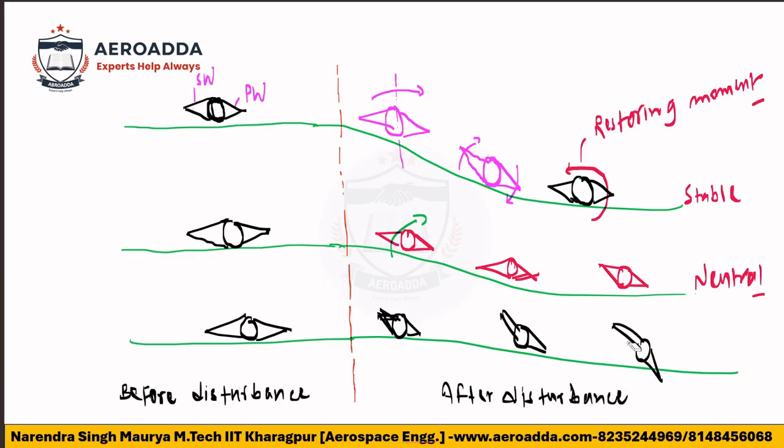You can say the diagram is not here actually. It's not coming back, because the rolling is continuous. The aircraft itself is not able to come to its original position, its original orientation. So such a type of aircraft is laterally unstable. Laterally unstable. Please remember.